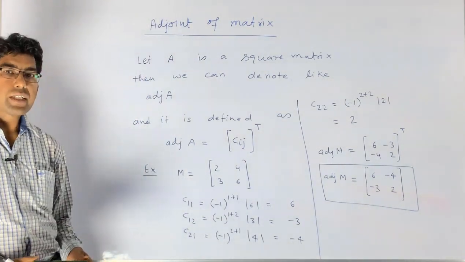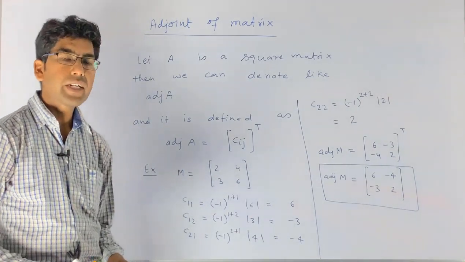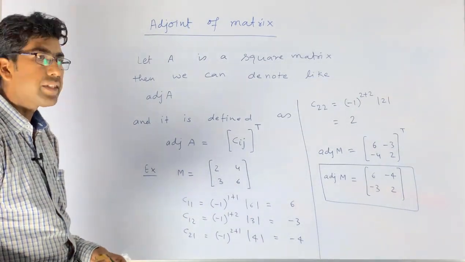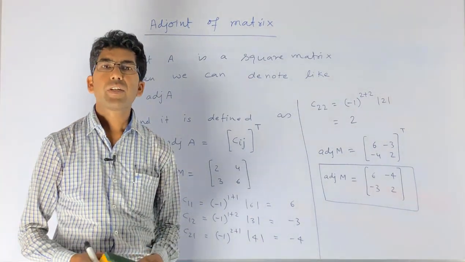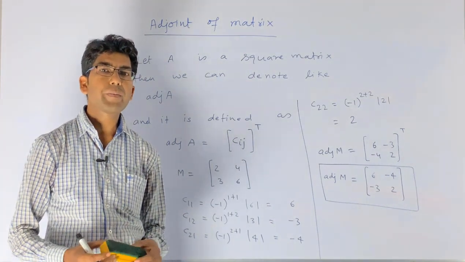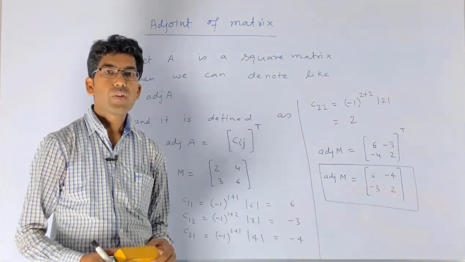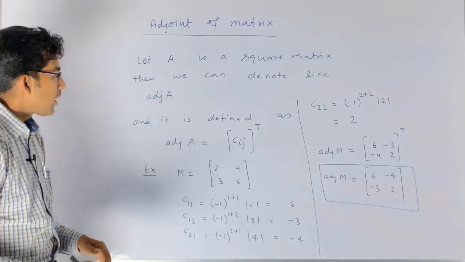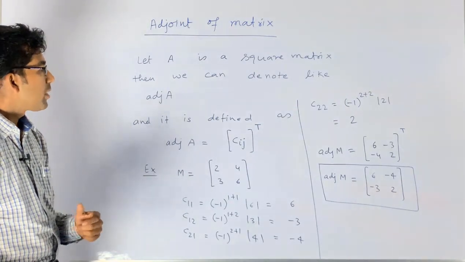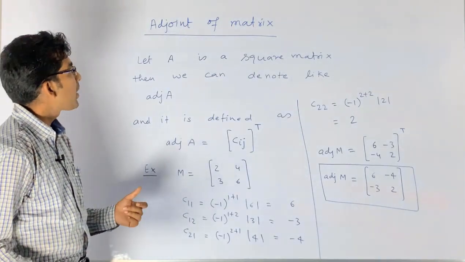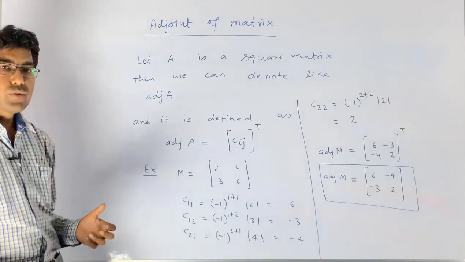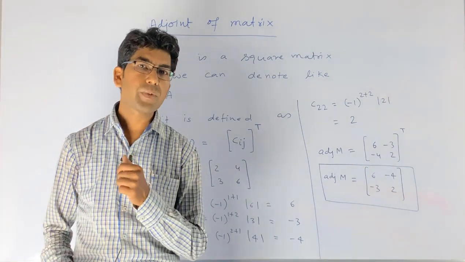Now, you are thinking, why are we calculating the adjoint of the matrix? What is the need to define the adjoint of a matrix? The first need is to calculate the inverse of the matrix.